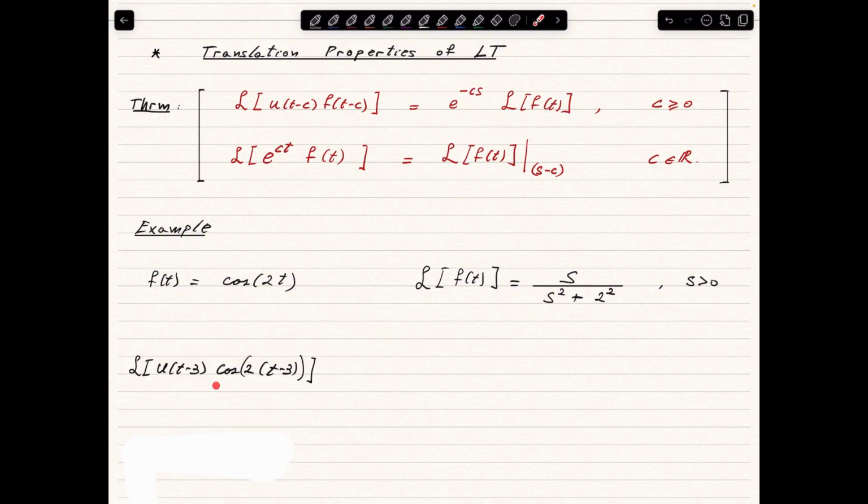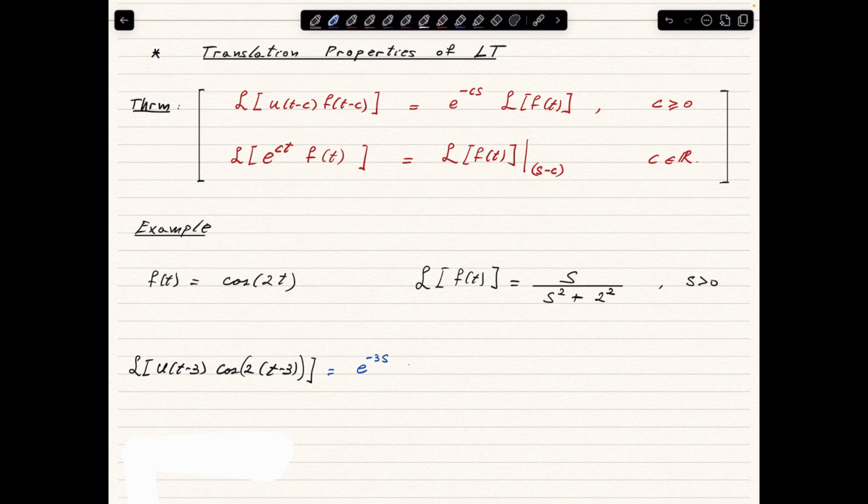Well, we need to shift the cosine to t minus 3 and multiply by a step function of t minus 3. And what is the result going to be? What we say is going to be an exponential that contains the shift. So this is going to be exponential, c is 3, so negative 3s.